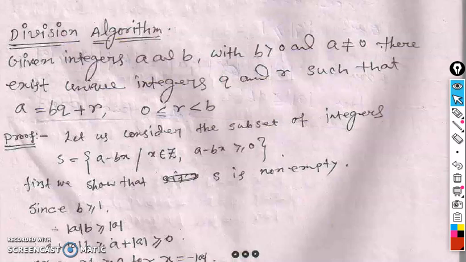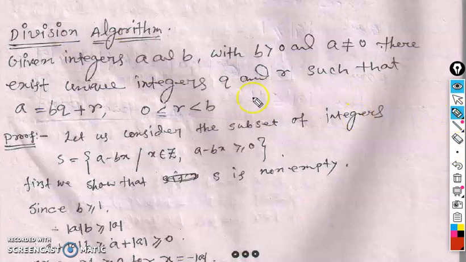If you learn the division algorithm, you can easily see the meaning of quotient and the meaning of remainder. For that reason we study the division algorithm lesson. So here we study what the division algorithm says.